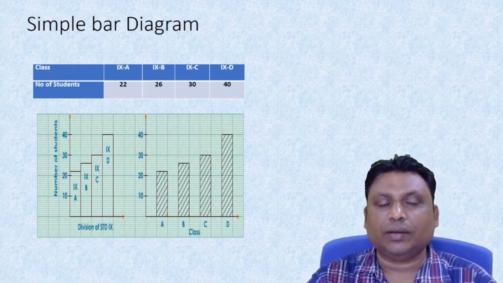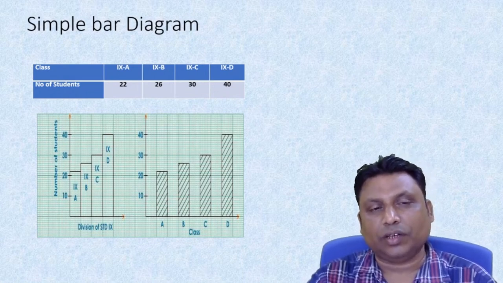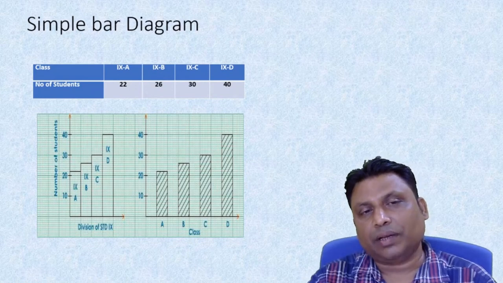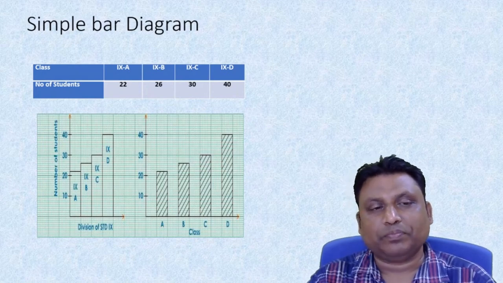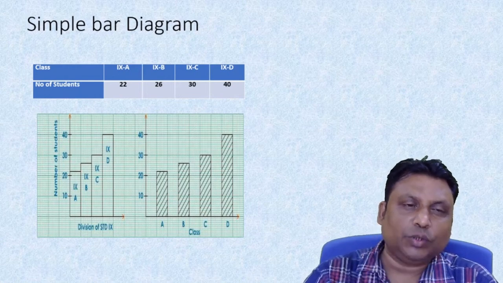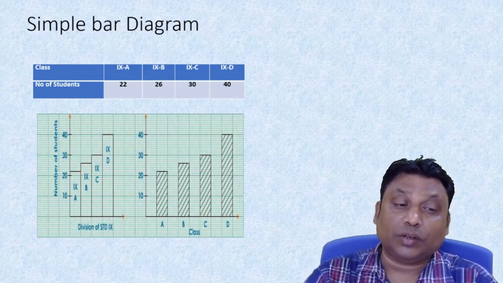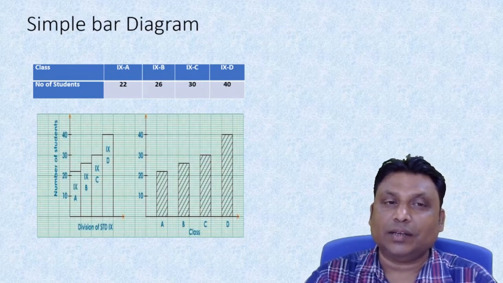Suppose they are securing marks. Section A average mark is 22, section B average mark is 26, section C average mark is 30, section D average mark is 40. How can you plot the graph? In the first graph you can see section A, section B, section C, and the y-axis values 22, 26, 30 and 40. These are dependent on the classes.